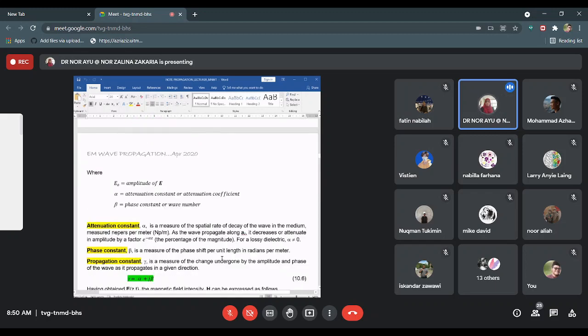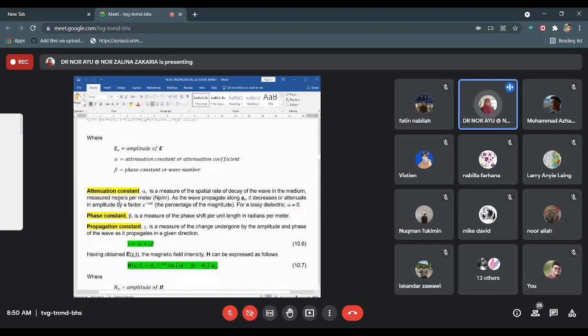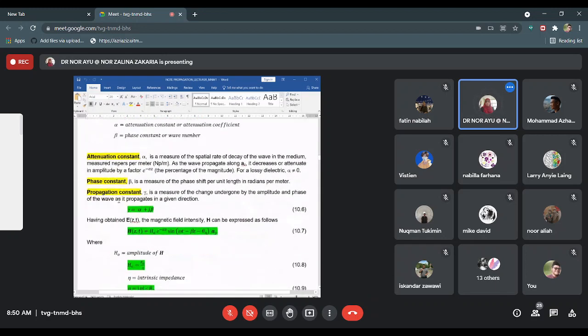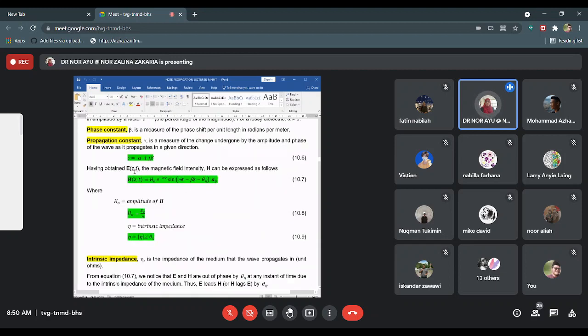These are all the definitions, I think you can read them yourself. And then we have gamma, which we call the propagation constant, where gamma equals alpha plus j beta.